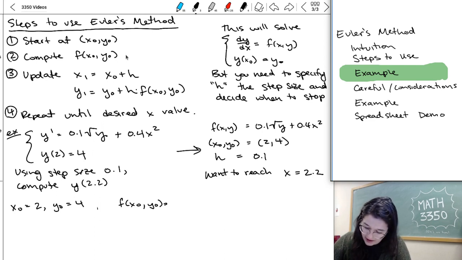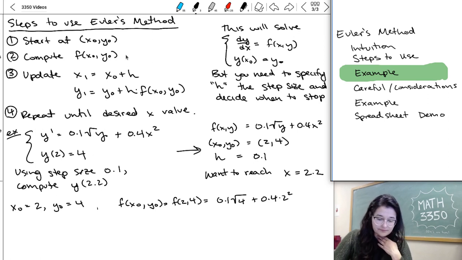So that's f of 2, 4, which is going to be 0.1 root y, where y is 4, plus 0.4 x squared, where x is 2 squared. I didn't write that value here, but I did write it down when I calculated y1, so we'll just keep going for now.